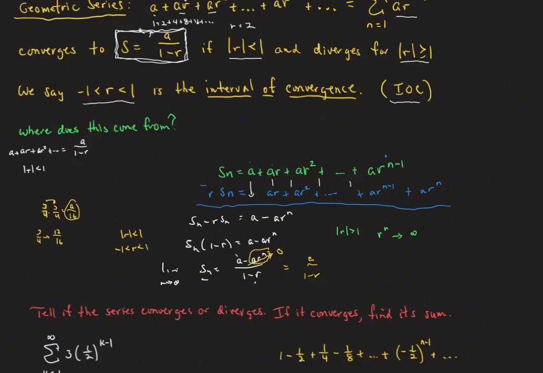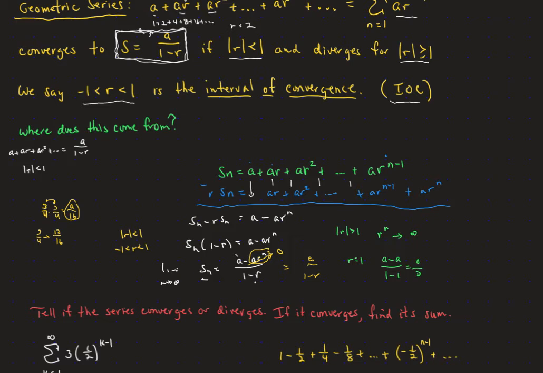If r is 1, we get a minus a times 1 to the n, which is just going to be a over 1 minus 1. We get 0 over 0. And what are we going to do with that? Not totally clear.